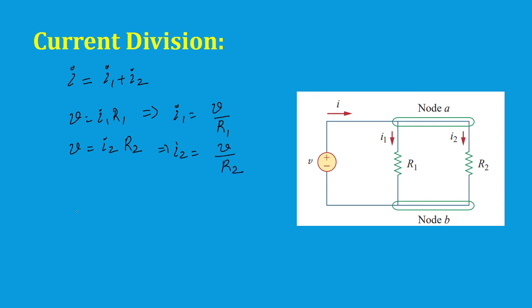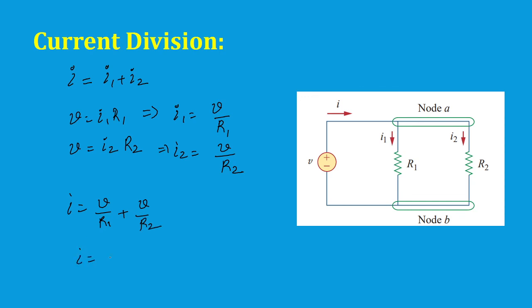So what is going to be V then? If we want to calculate V, it is very easy for us to then calculate the currents I1 and I2. So I can simply apply here: I is going to be V by R1 plus V by R2.